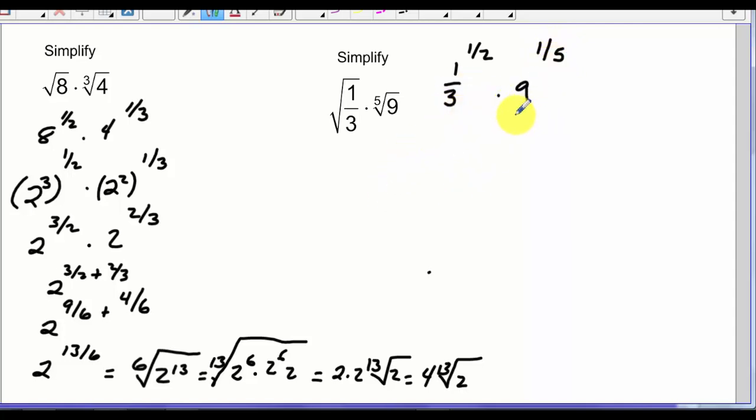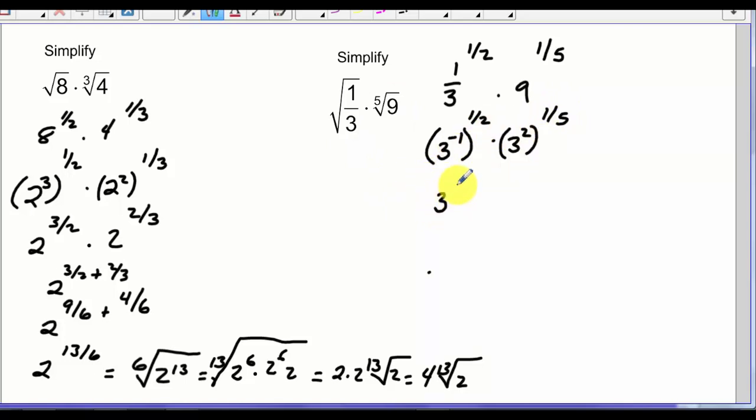Again, no same base, so let's get that to the same base. This is 3 to the -1 power. We take the reciprocal and make the exponent negative. It's all raised to the half. 9 is 3 squared, still to the 1/5. Like in the previous example, I multiply the two powers together.